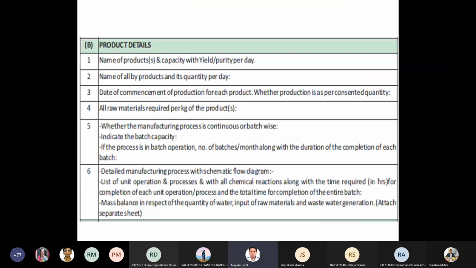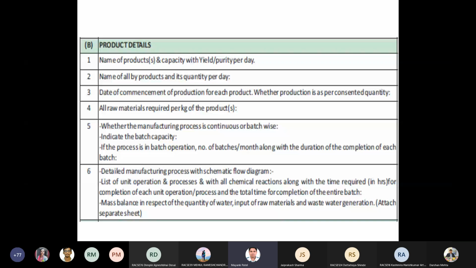Then in the second section, Section B, product details. What are the different products the industry manufactures, and what is the capacity, yield, purity per day. You need to mention the names of all byproducts and their quantity per day, the date of commencement of production for each product, and whether the production is as per the consented quantity or not.